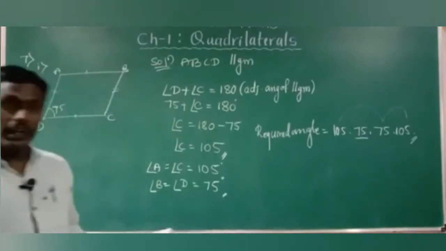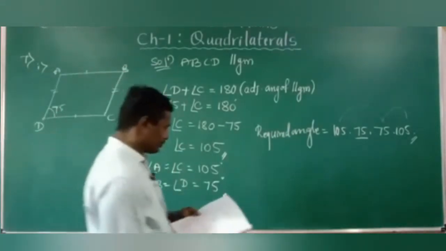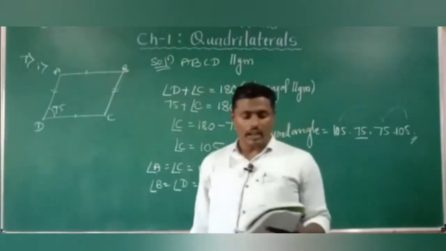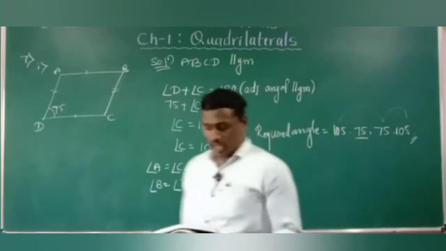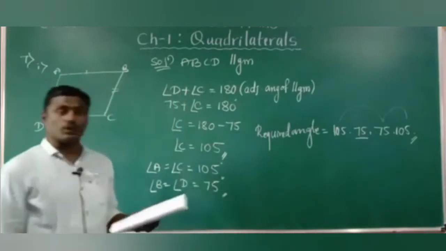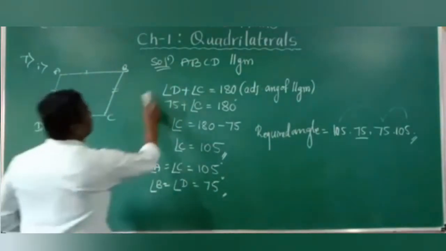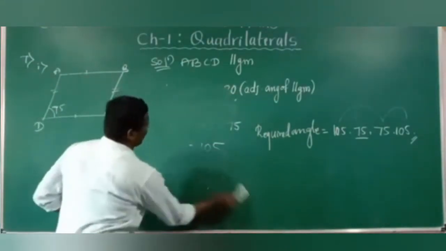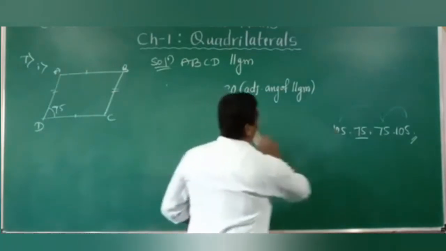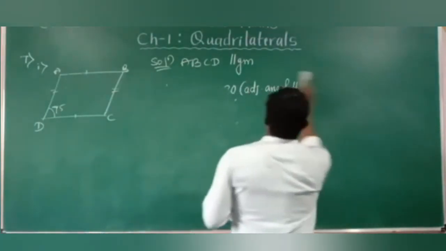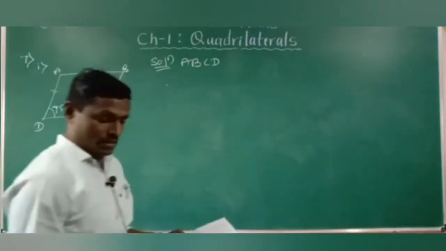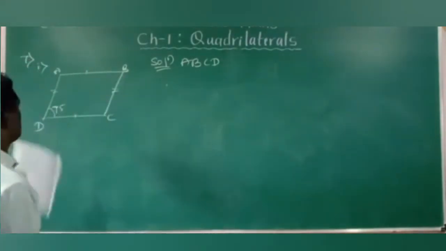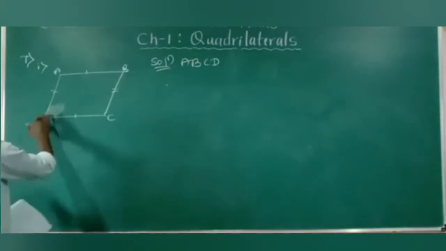See the second question. Find the angles of parallelogram ABCD in which angle A is equal to 2 times the angle B. So ABCD is a parallelogram.